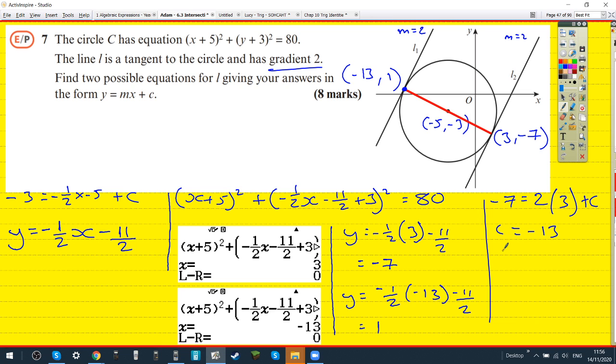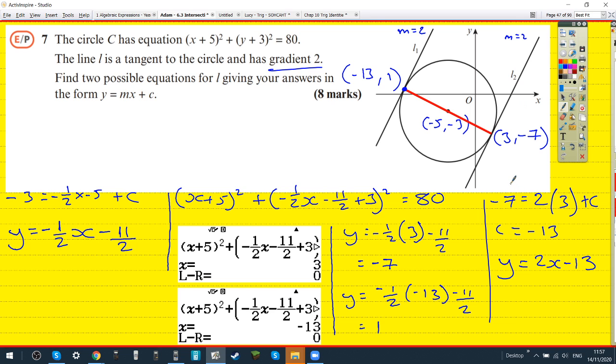And then would you work out the other one? What would be the equation of that tangent? So y equals 2x minus 13. This was when we subbed in 3 and minus 7. So I think that's just a coincidence about minus 13, because it's a totally separate thing.